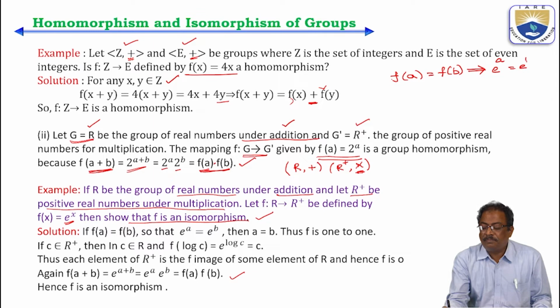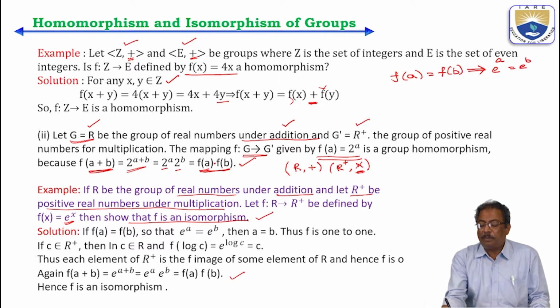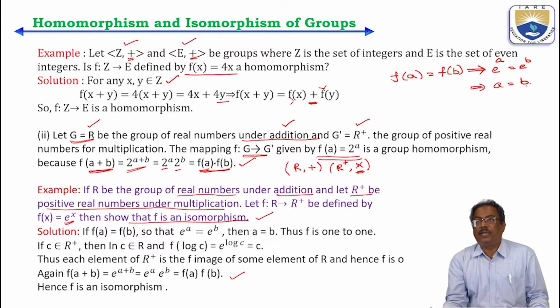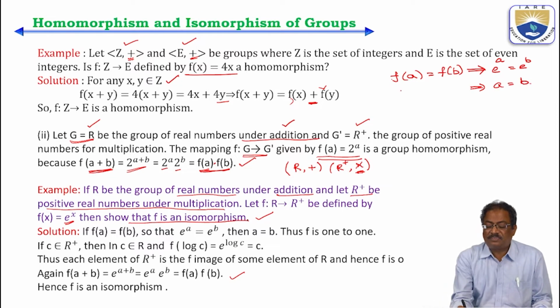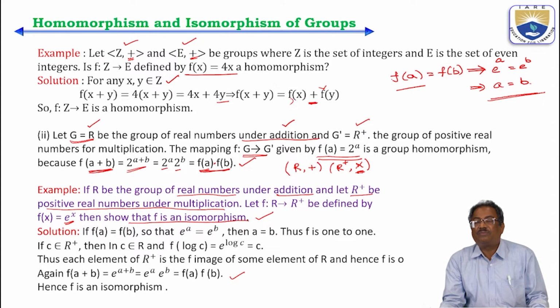I am just considering that their images are the same. So e power a is equal to e power b, which is possible only if a is equal to b. So the images are the same, and subsequently the values are also the same. We can say that f is 1-1.